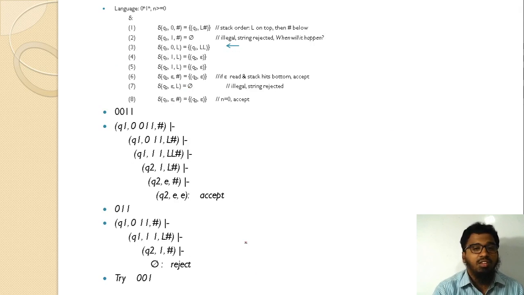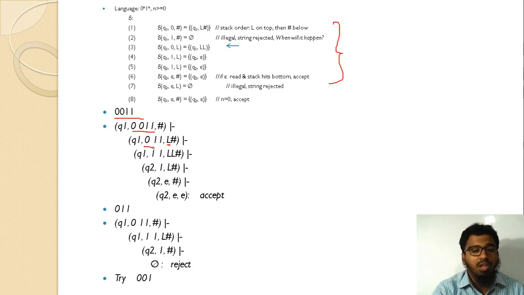Here, see, the same thing, whatever this one, and it is taking this string. In the first string, it is q1 comma a. What is our input? 0011 hash. So first it is taking in 0, okay, and that 0 is converting into L. Okay.